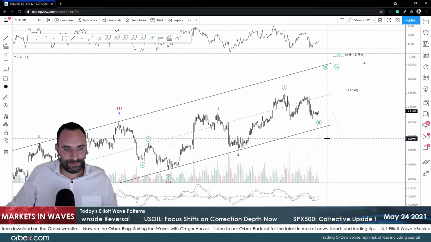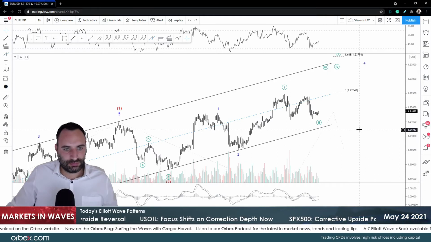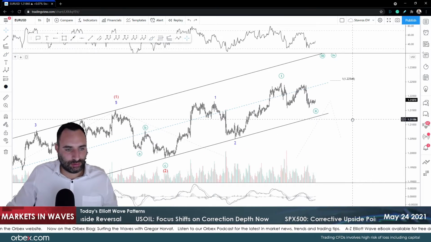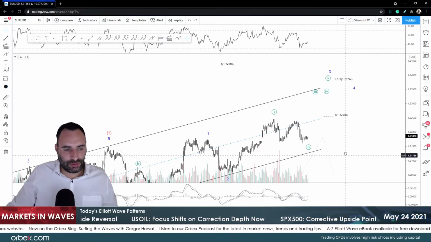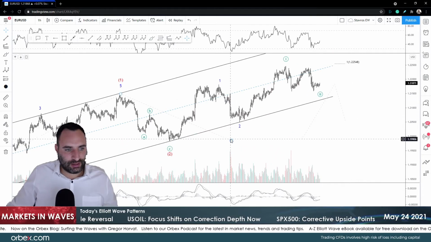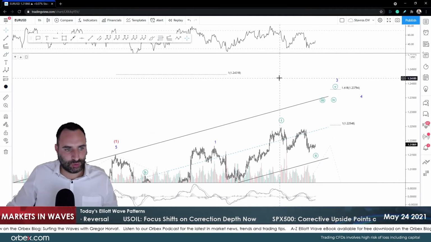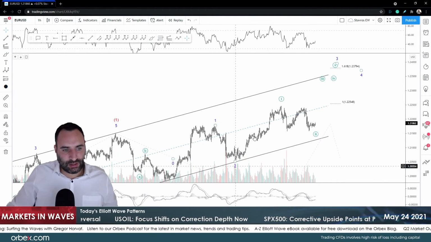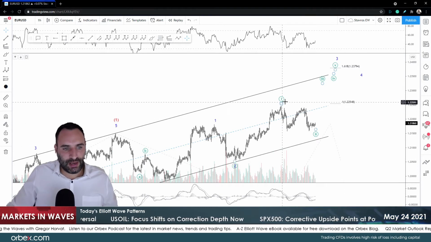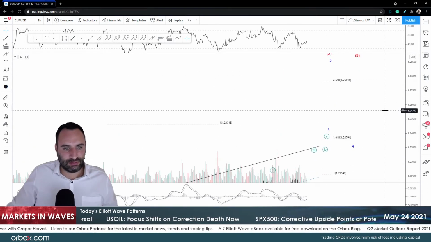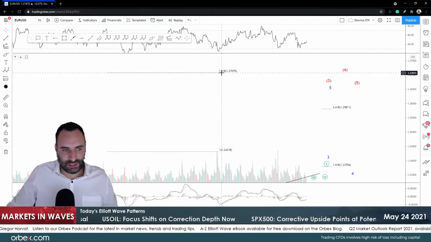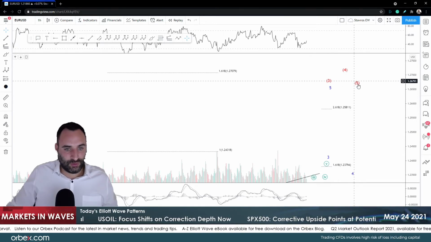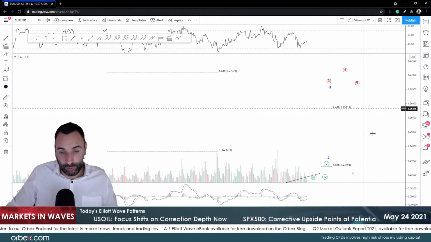Now, what else I'm looking at here, of course, because we really need to look at the long term, as I said before, is that the 100 Fibonacci of 1 and 2 gets us to 124. But if we take into account the multi-structural move to the upside in the minor and minute degree within wave 3, we're probably looking at 127, for the end of wave 3 or perhaps even wave 5.